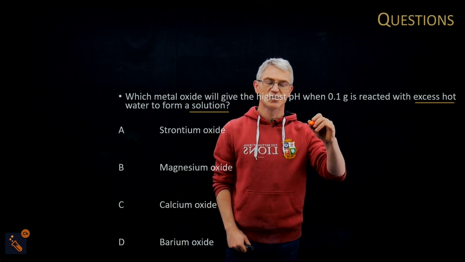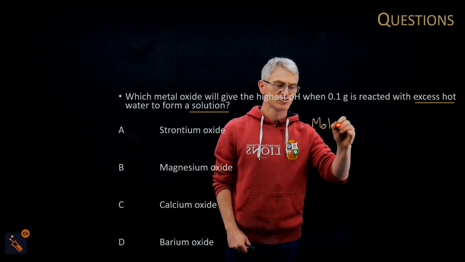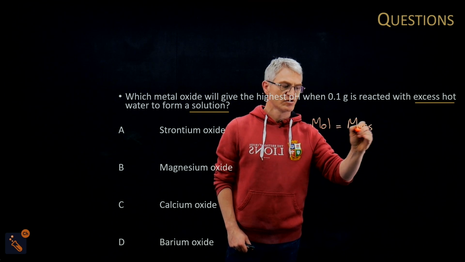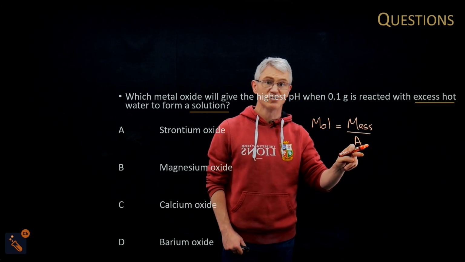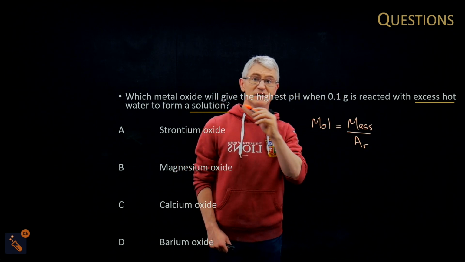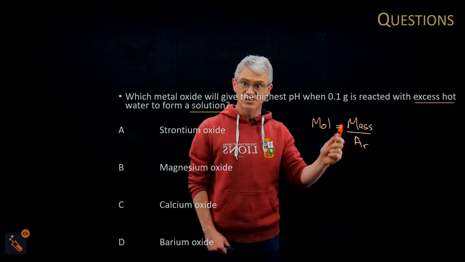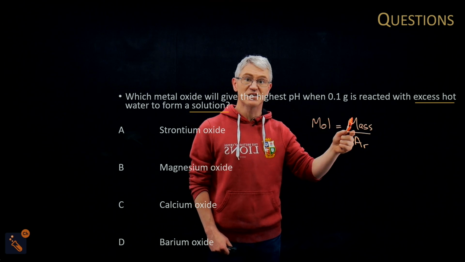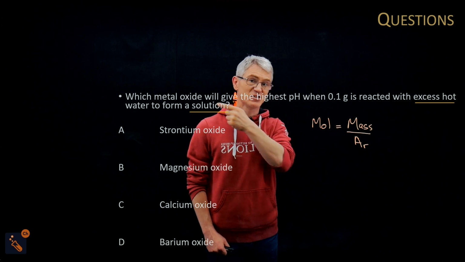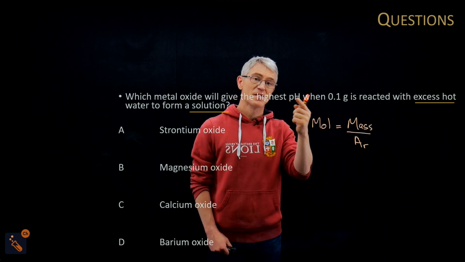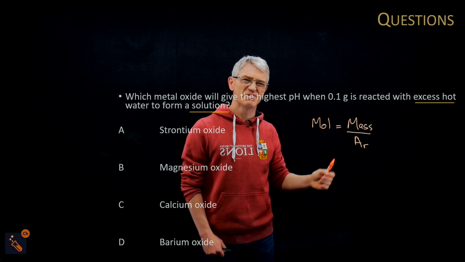So the number of moles is just going to be moles equals your mass over your atomic mass of your element. You don't need to do it for the actual atom itself. You can just find out how much of just the metal, because the oxide is the same all the way through. So basically you just say, well, let's do it for the metal.